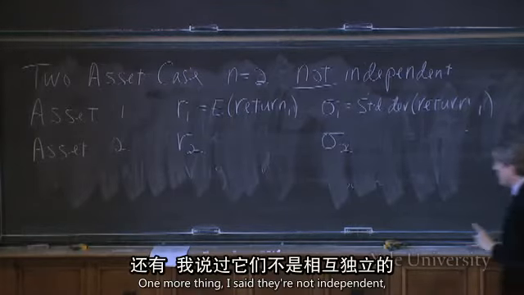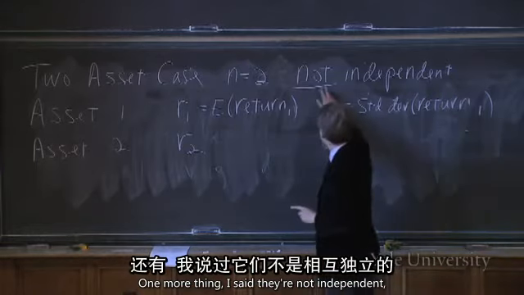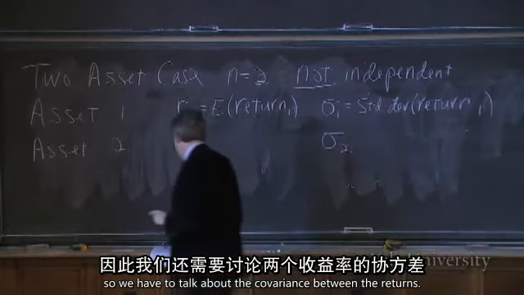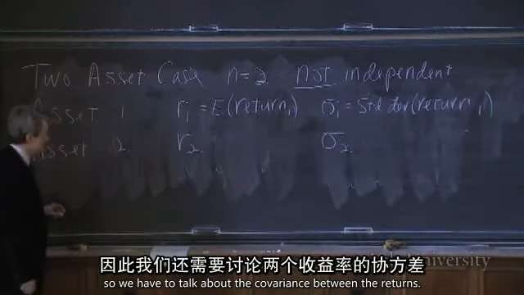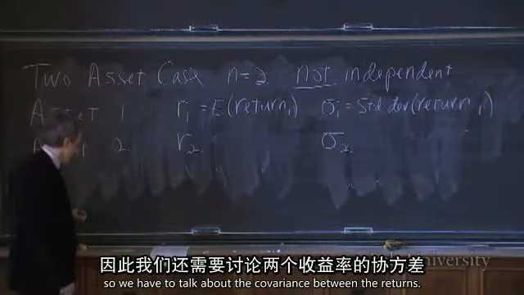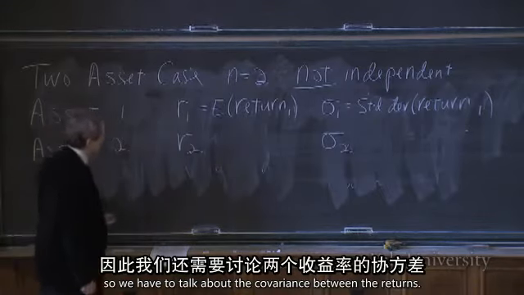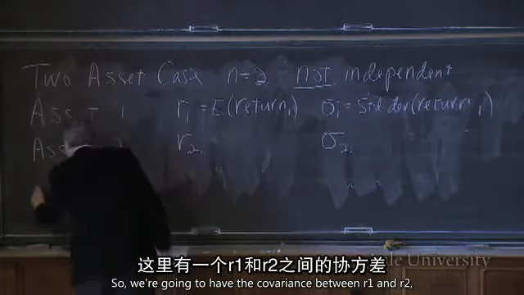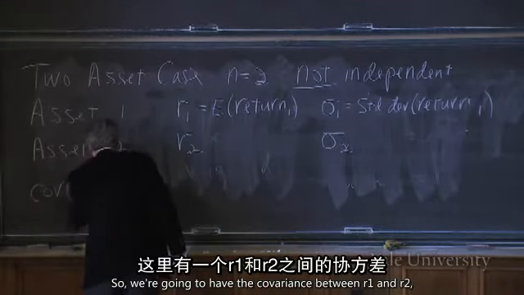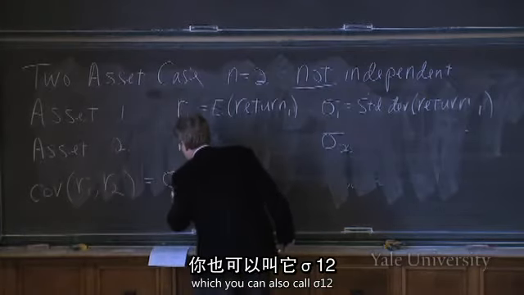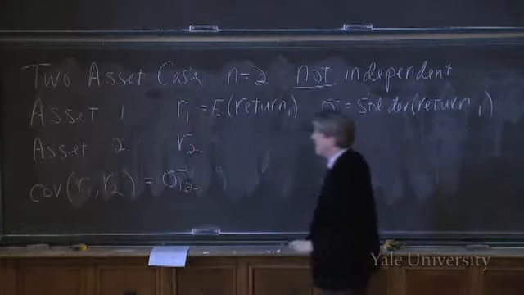Okay. One more thing. I said they're not independent. So we have to talk about the covariance between the returns. So we're going to have the covariance between R1 and R2, which you can also call sigma 1,2.